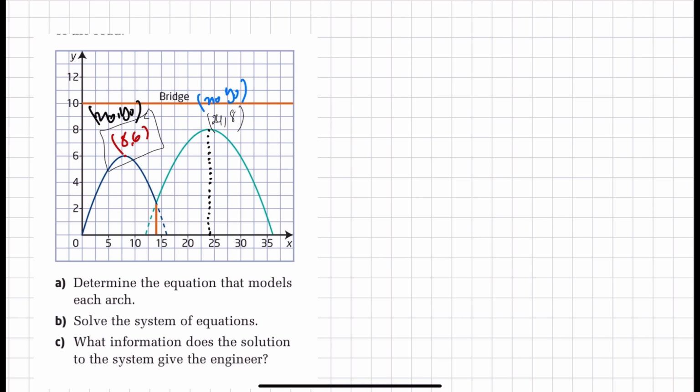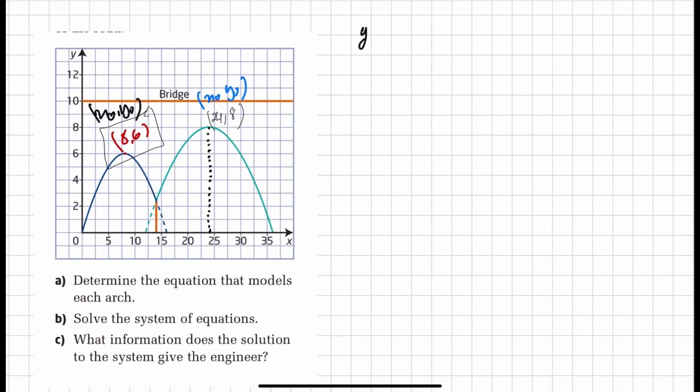My y1 was minus 3 over 32 times (x minus 8) squared plus 6.